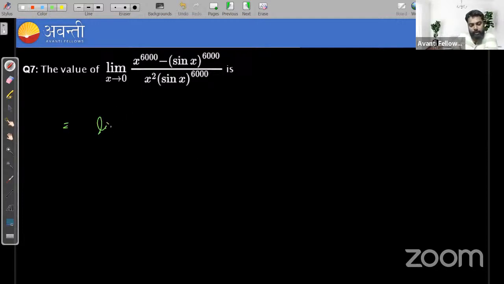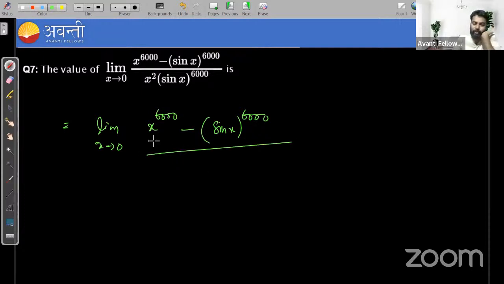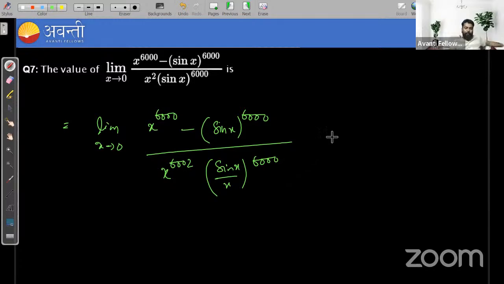This becomes the limit as x tends to 0 of x^6000 - (sin x)^6000. I am taking the numerator the same, and the denominator I will do something with. So this will be x^6002 (sin x / x)^6000. Is there any problem? Can I take it or not? Yes, I can take it.